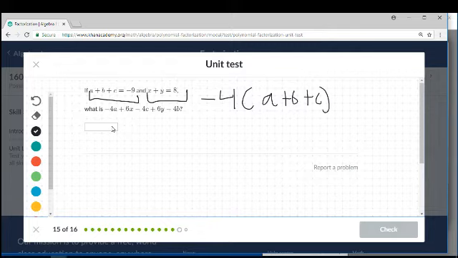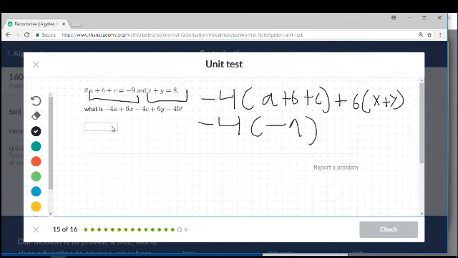And then we can factor out the 6 here, and we can rewrite this as 6 times x plus y. And so I'm going to rewrite this as negative 4 times negative 9 plus 6 times 8.